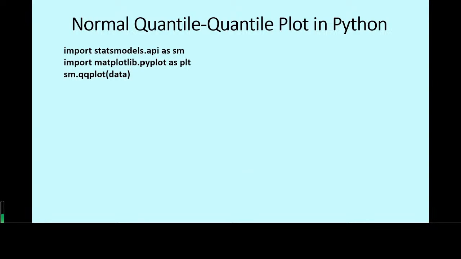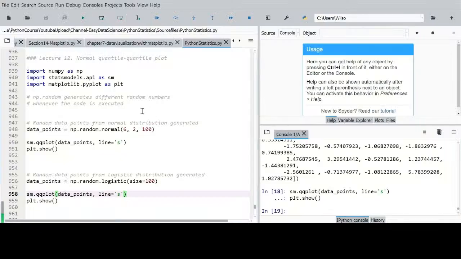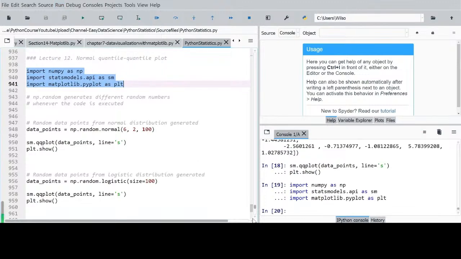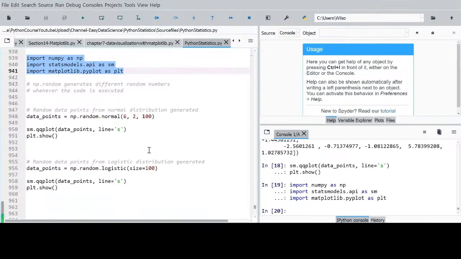So next we will show two examples in Python. First we import these libraries: NumPy, the statsmodels API module, and matplotlib. In the first example, we generate random numbers from a normal distribution.